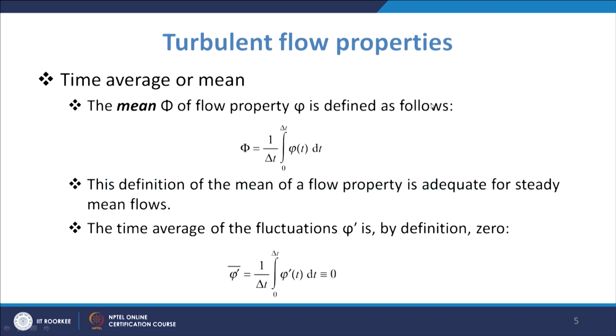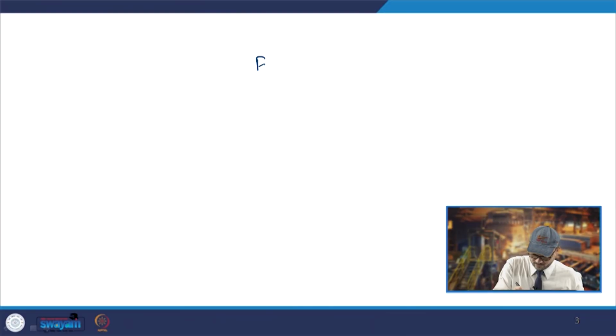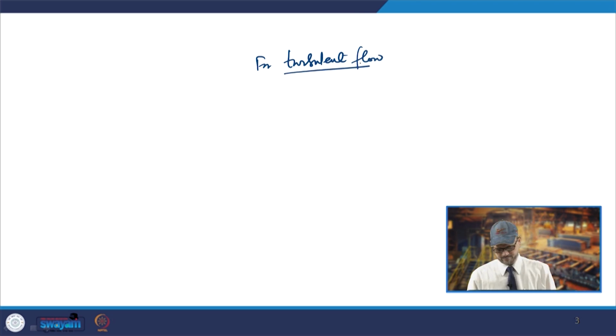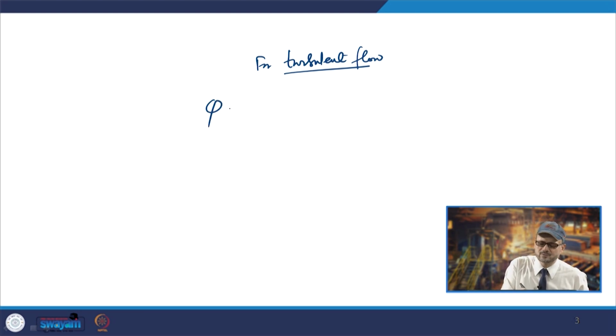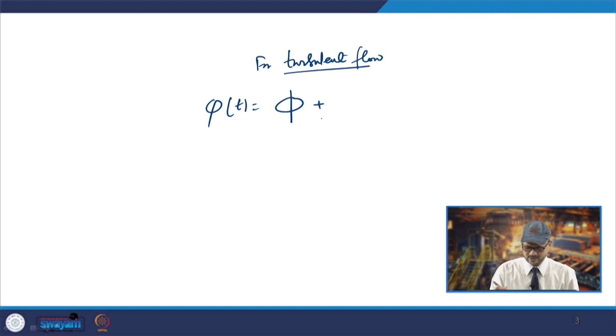So for any property phi at time t, this will be defined as the mean value plus the fluctuating component phi prime t.